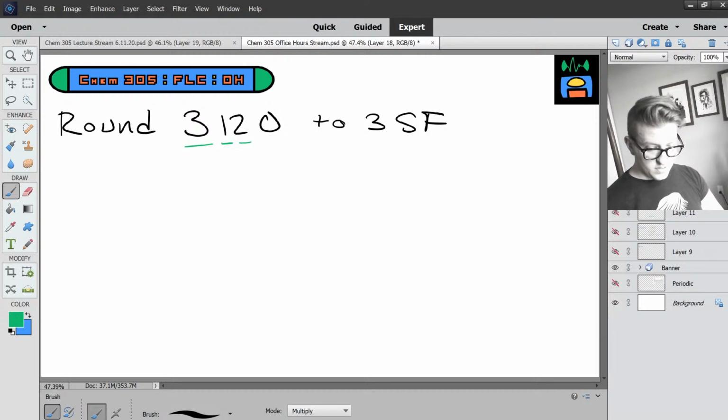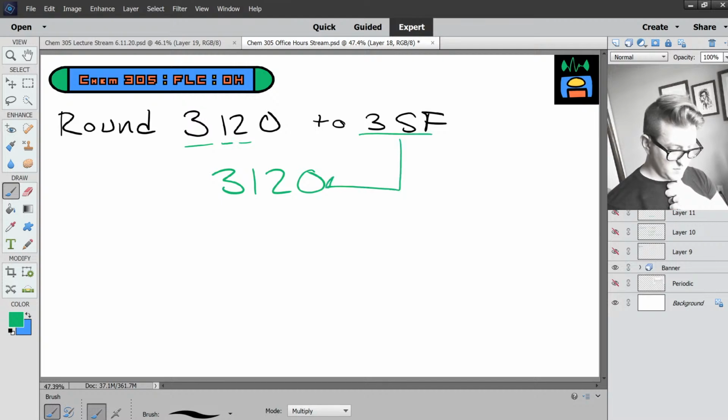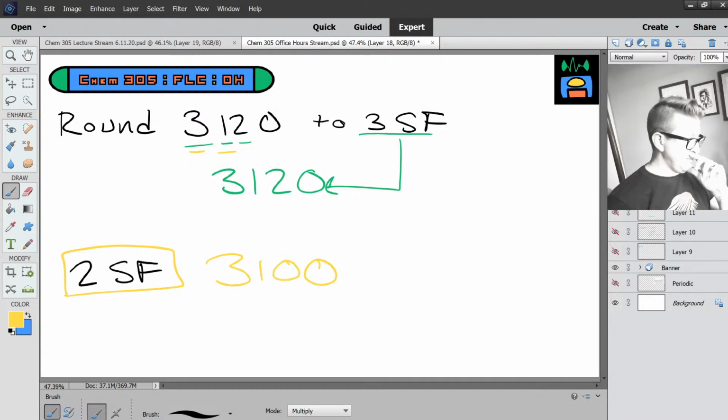So 3,120 with 3 sig figs is 3,120. If you wanted to do 2 sig figs, then you count off 1, 2, and the answer would be 3,100.